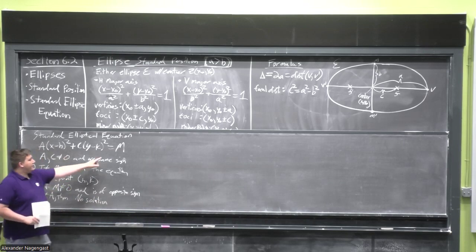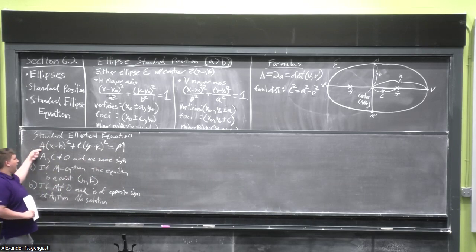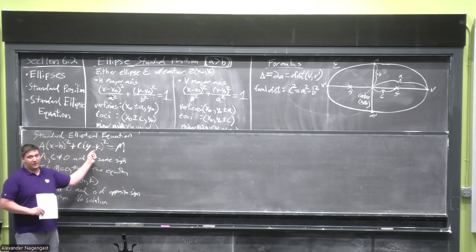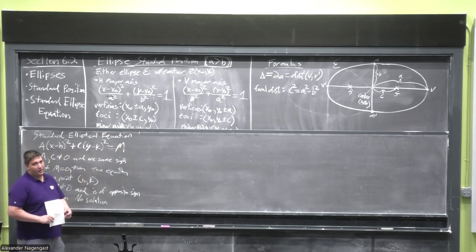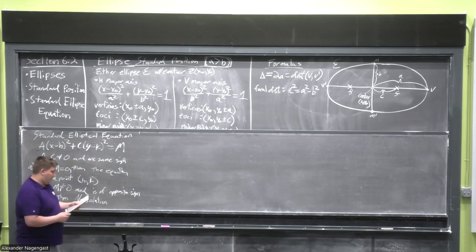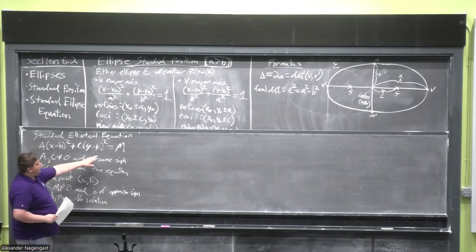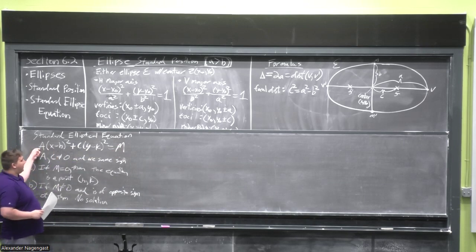So if this is negative and A is positive, then C must be positive. If we have a positive plus a positive, there's no way we can get a negative. If we have this being positive and this being negative, this must also be negative.